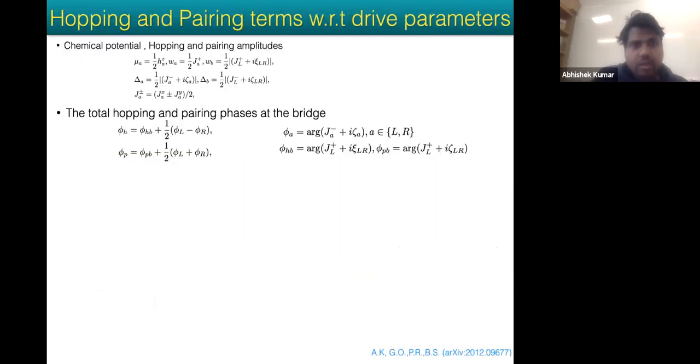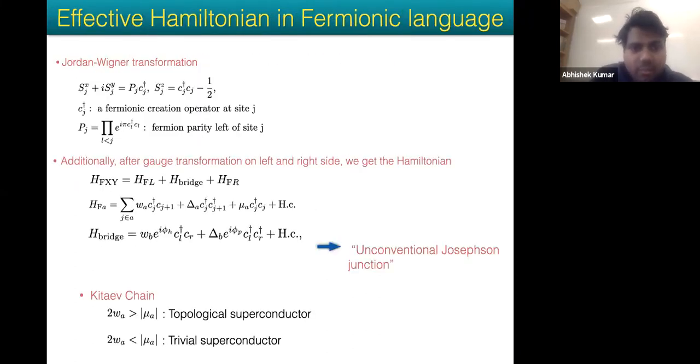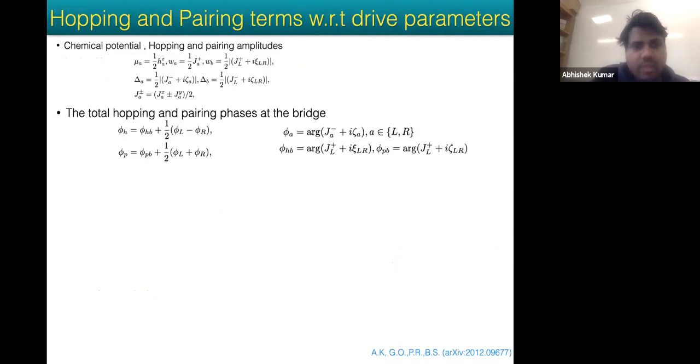Okay, so we can also see that all these parameters, in this hopping and pairing parameters and chemical potential, can be written in terms of the spin parameters, static and driven, both.